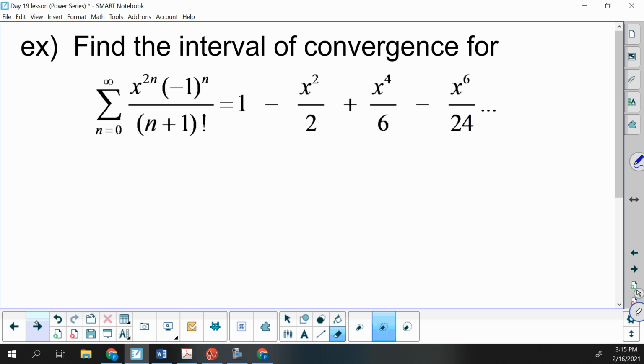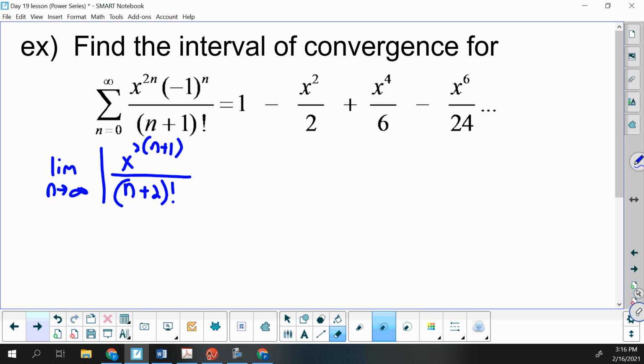We'll look at one last one for this video. We're going to do the interval of convergence, so we'll do our ratio test. Now, because we're doing the absolute value, you can ignore that negative 1. We'll do x to the 2n plus 1 over, this is going to be n plus 2 factorial. When we divide by the current term, we're really multiplying by its reciprocal.